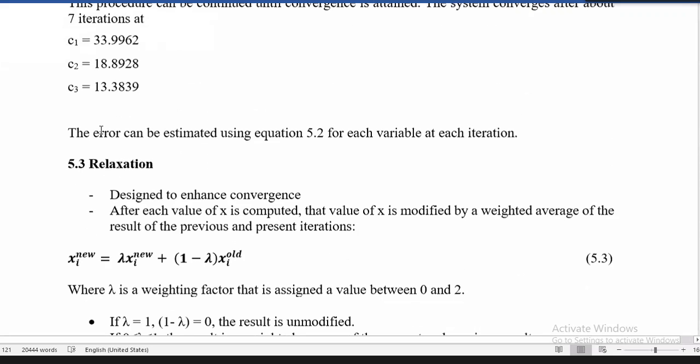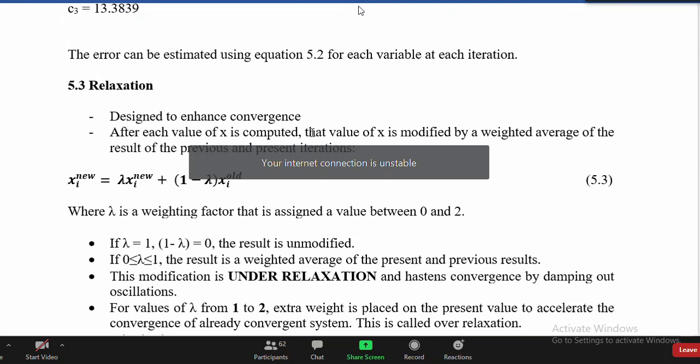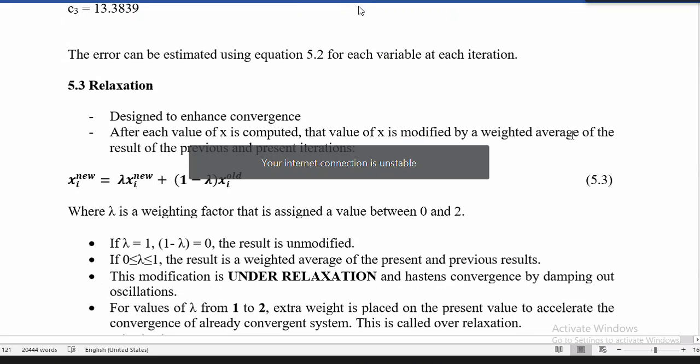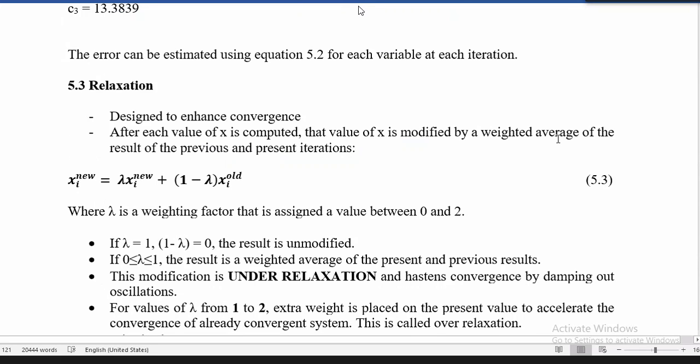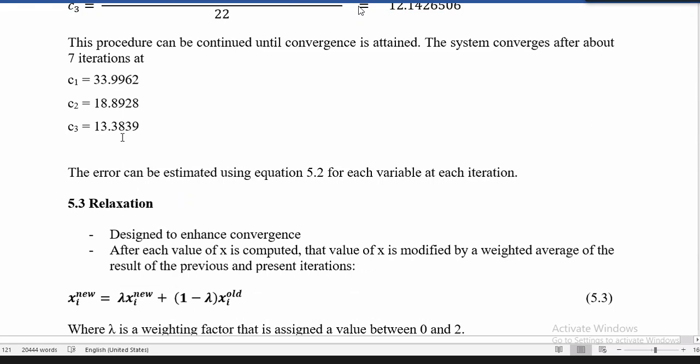5.3, relaxation. We say relaxation. X is computed. That value of x is modified by a weighted average of the result of the previous and present iterations. So, for example, we have x1.